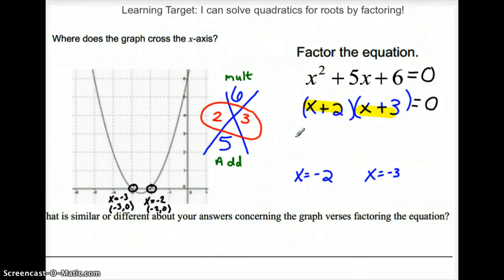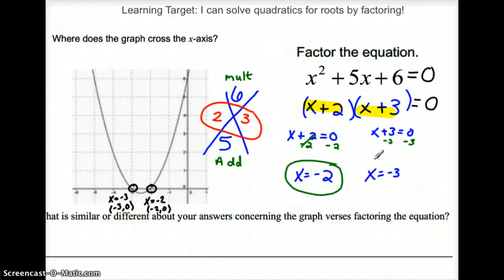So what that means is the group x plus 2 must equal 0, or possibly the group x plus 3 equals 0. But hopefully you can see that just solving this with some quick manipulation, we would subtract 2 and then we would subtract 3. We can see why the roots turn to the opposite. So that's just a nice little illustration connecting the actual equation with the graph and what roots really mean.